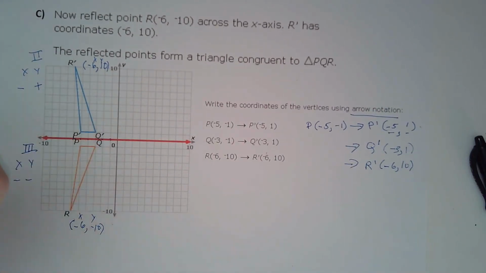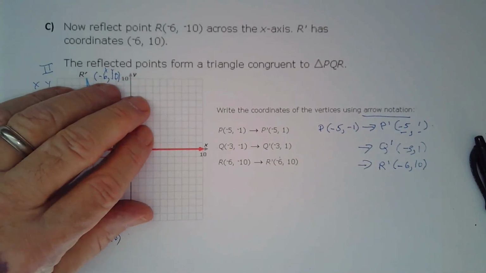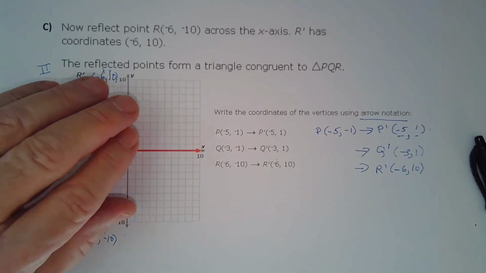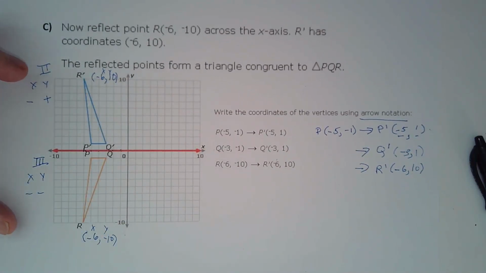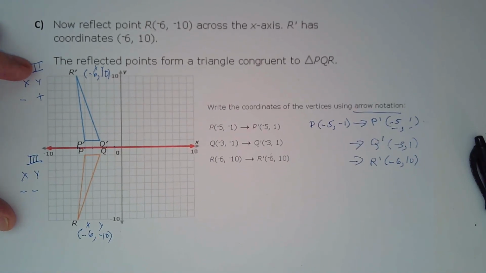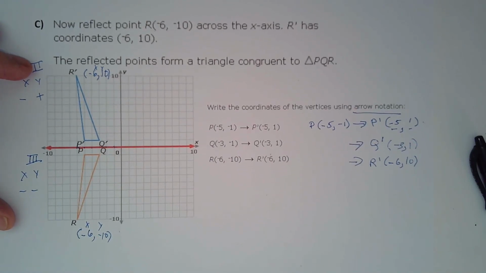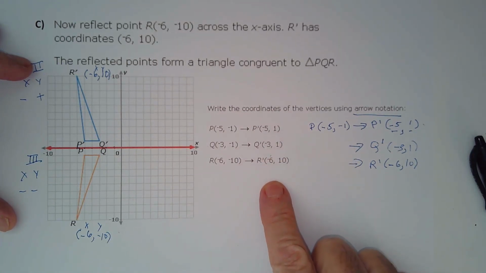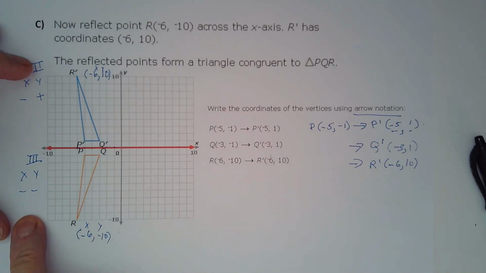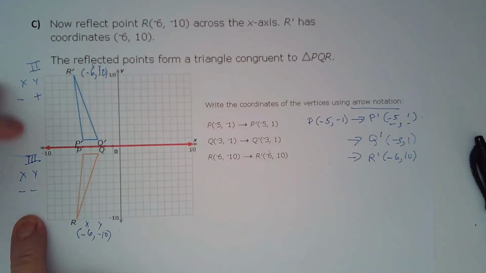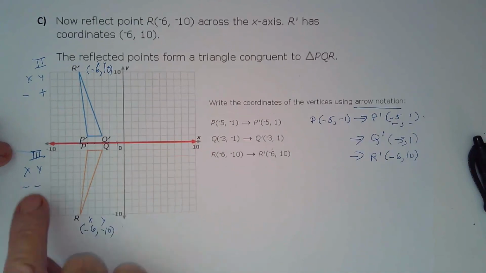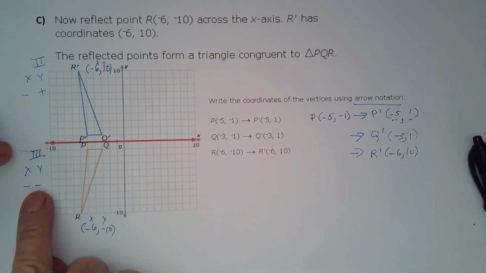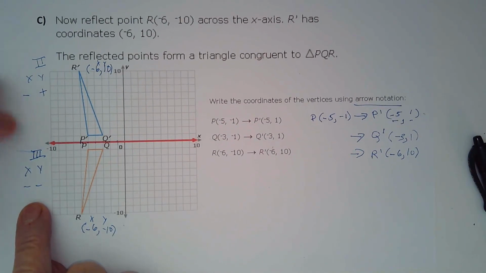But at the very minimum, even if you didn't have this nicely done graph for yourself, if you see that all the coordinates of your pre-image are negative, you can at least sketch the x and y axis, sketch the quadrants, put in the positive, negative values for x and y.